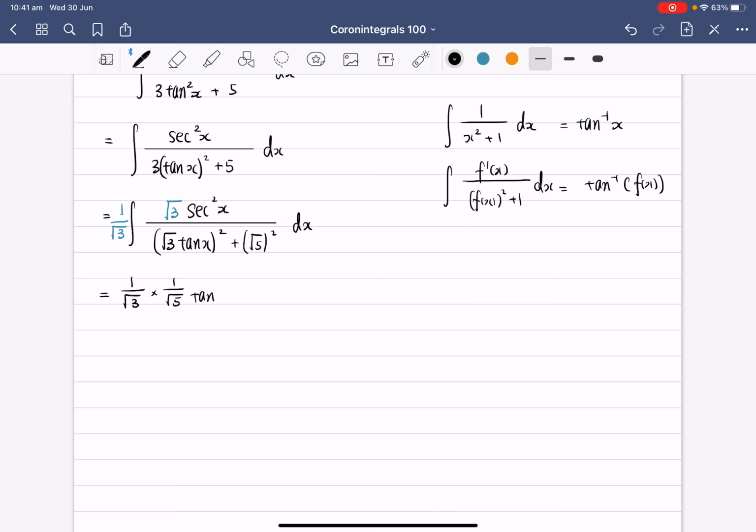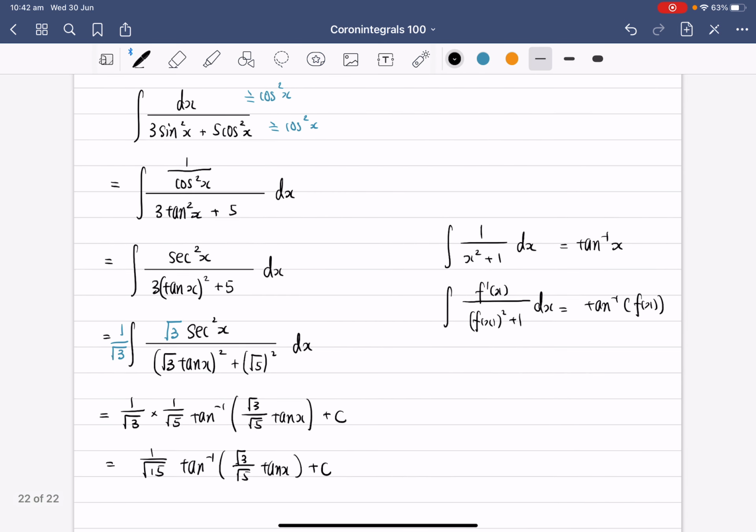Tangent inverse of square root of 3 over square root of 5 tangent x, plus c. So eventually that gives you 1 over square root of 15 tangent inverse square root of 3 over square root of 5 tangent x plus c. And we can just leave the answer like this.